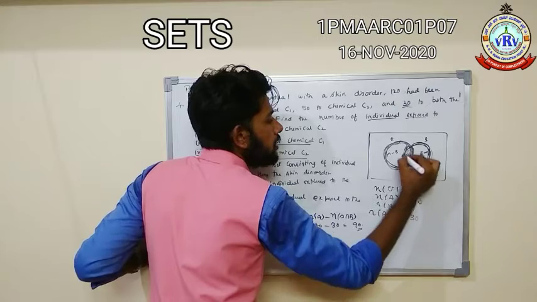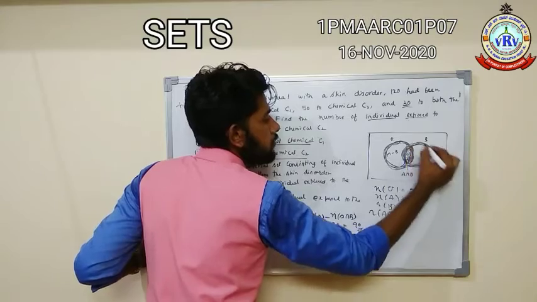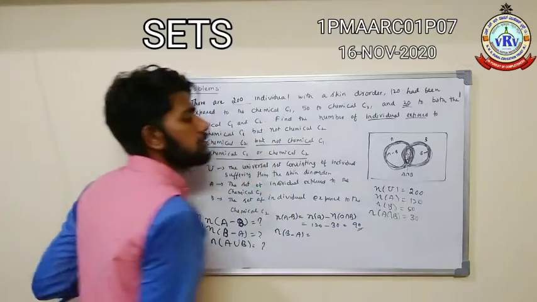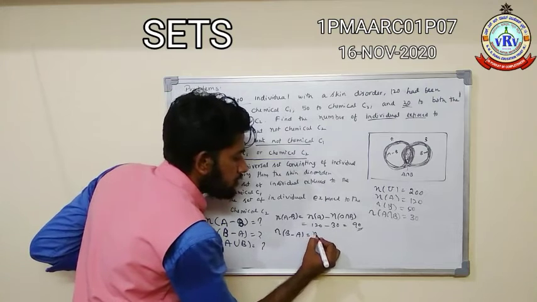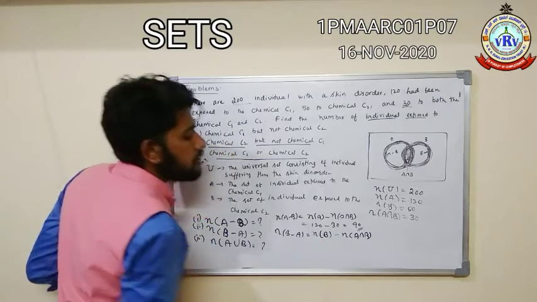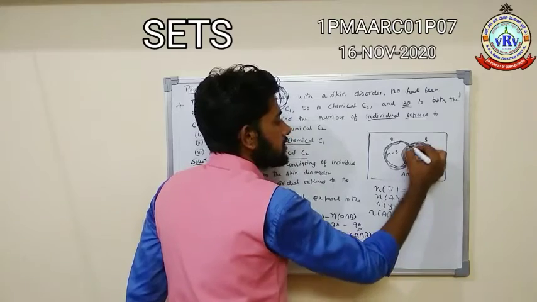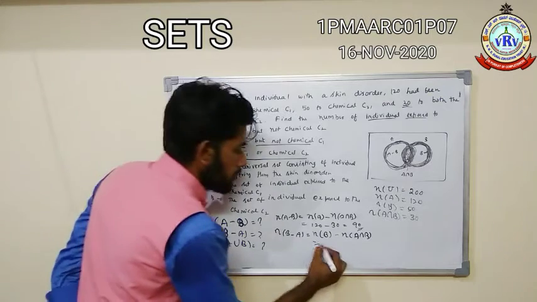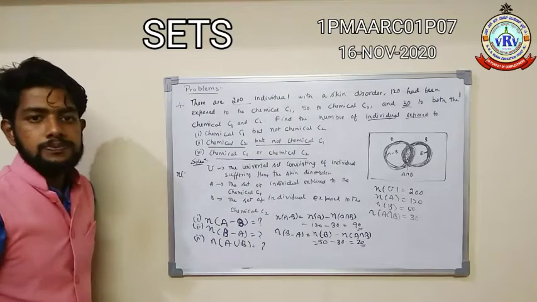To get the number of elements in B minus A, you have to subtract the number of elements in the A intersection B from the number of elements in the set B. So the number of elements in the set B is equal to 50 minus 30, which is equal to 20.